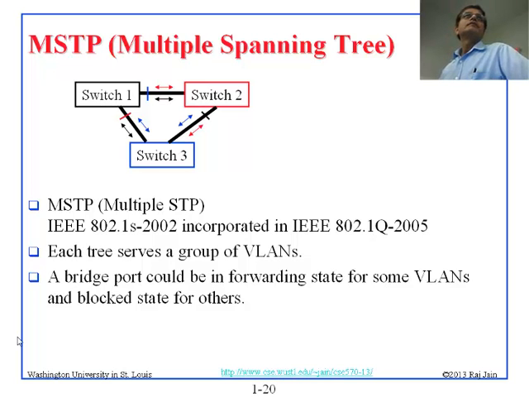Why do we need multiple spanning trees instead of only one? There are 2 reasons. First of all, not all VLANs go all places. Even though you have one network, the red VLAN cannot come into this building. It is the president's building, very secure and things like that. So not all VLANs go to all places.